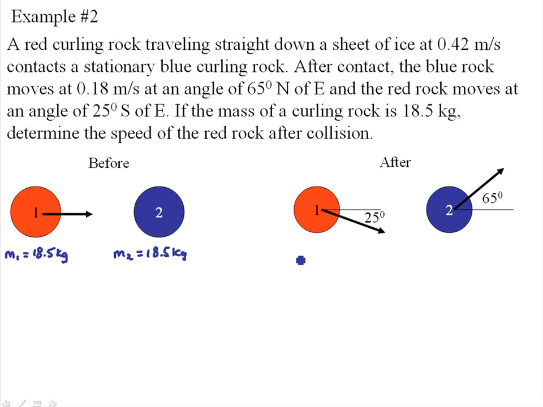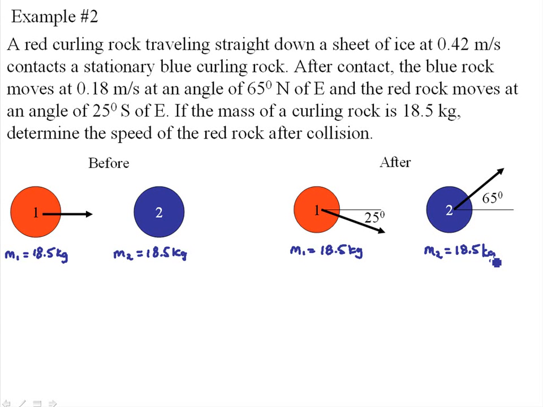There's one piece of information. And I'm not even going to use the prime or anything like that. Mass is conserved throughout. The mass of the curling rock is the same before and after.